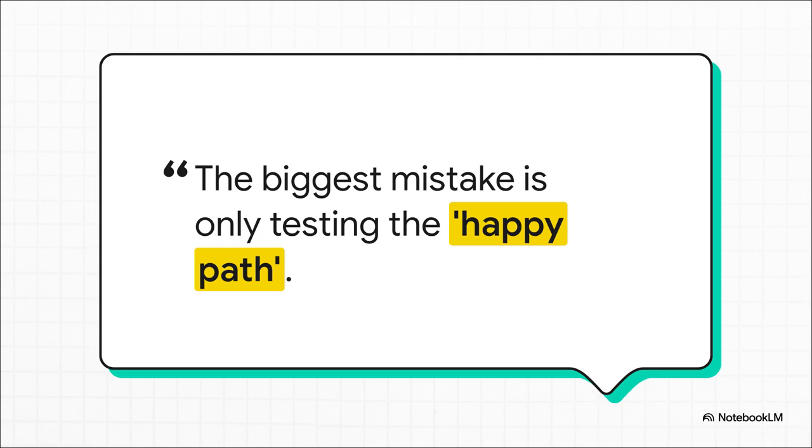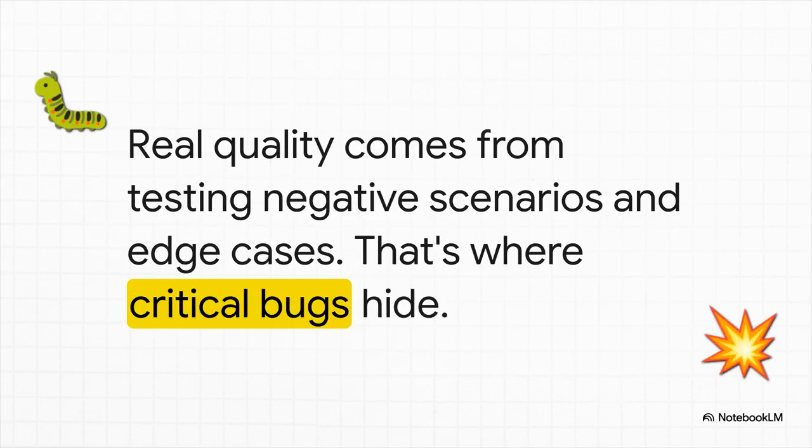Or a password that's way too short, or maybe a request that's missing the authentication it needs? You see, true quality engineering isn't just about confirming that things work. It's about intentionally trying to break them. Testing these negative scenarios and weird edge cases, that's where the most critical production-stopping bugs are always hiding. So whatever you do, do not skip this part.